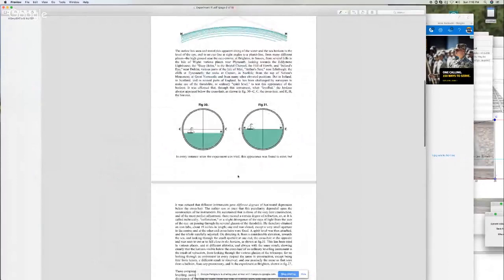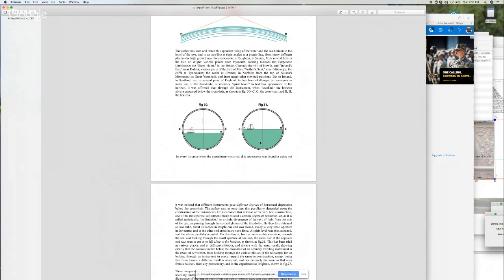What he did was, he noticed when he went out and set up just a tube without any magnification or optics in it, that if he set it level, he would see what you see in figure 31, where when he looked through this tube at perfect level with extremely accurate crosshairs and a pinhole at the back, he would see what's shown in figure 31.